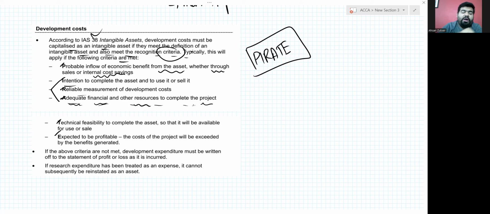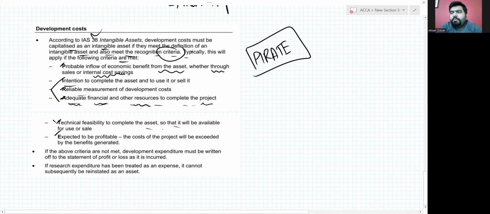After that, technical feasibility to complete the asset so that it will be available for users. Technical feasibility means, for example, the unit is 90% developed and now you are saying that you don't have the machine to make it.